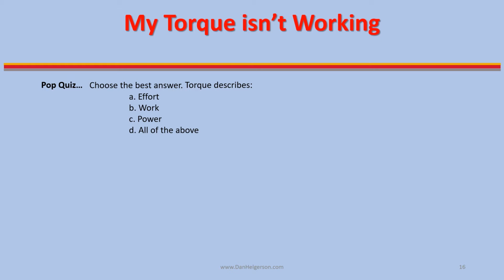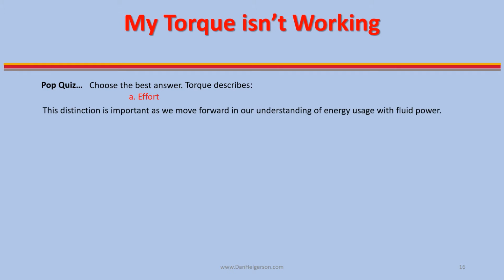It's effort over distance, and so it can't be work. Power requires work over time, and so it can't be power, and that means that it can't be all of the above, and so we are left with effort. Torque describes effort. This distinction is important as we move forward in our understanding of energy usage with fluid power.